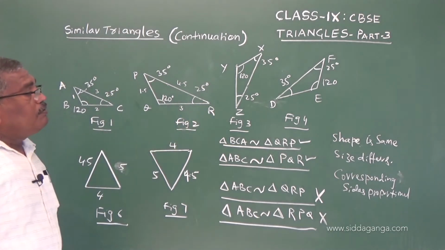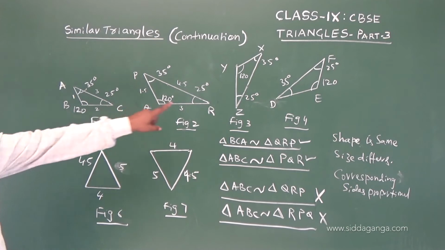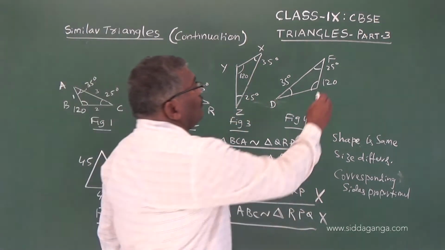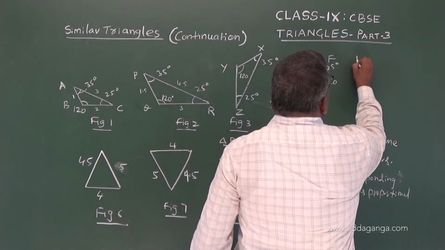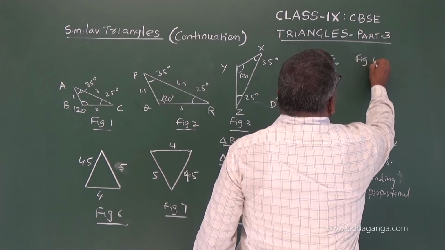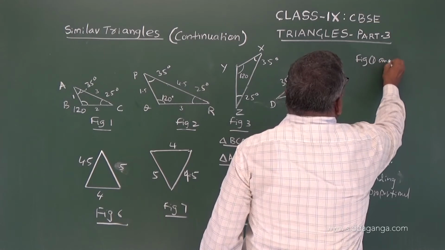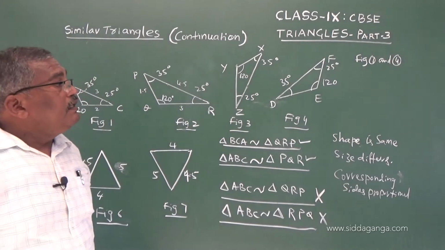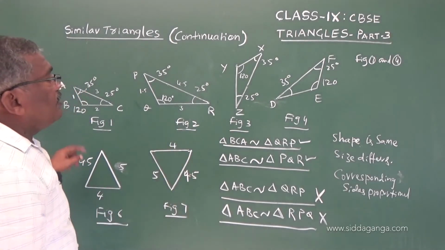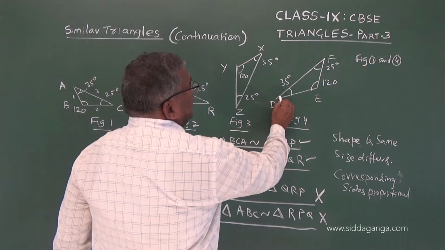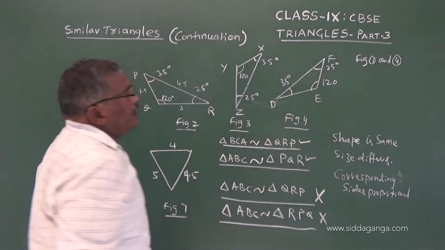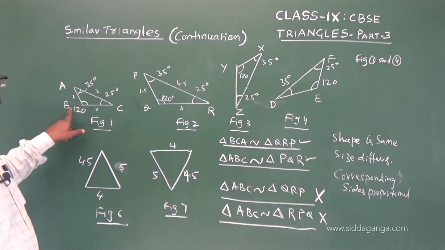Now if you observe figures 1 and 4, compare 1 and 4. If you want to examine and write the similarity, you can observe this is a 35 degree angle, this is a 25 degree angle, and this is a 120 degree angle. So the 120 degree angle we have as B here.